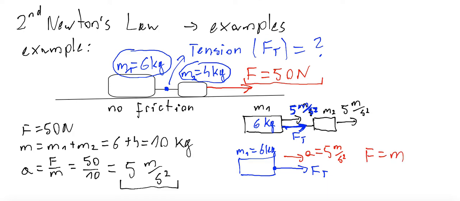We are looking for the force which acts on mass number 1, so this is the tension. We multiply M1 times acceleration: mass 1 is 6, acceleration is 5, so the force experienced by mass M1 is 30 newtons, so the tension is 30 newtons. And this is the end of the exercise.